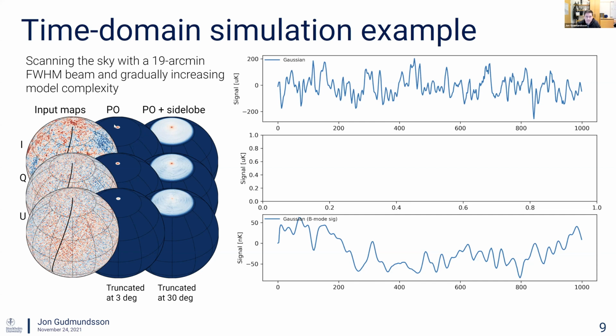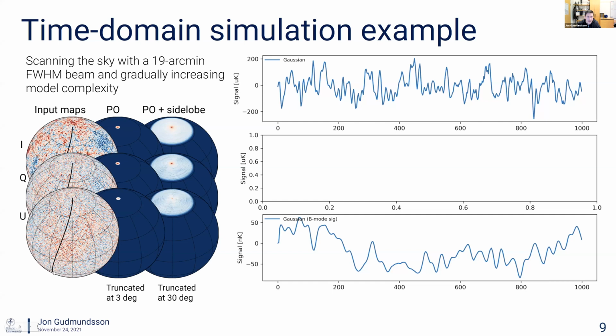So imagine you have a satellite scanning an input map, which is consistent with Lambda CDM. These are Stokes I, Q, and U realizations of the microwave sky. So this is the CMB. In 1,000 samples, this satellite goes from the North Pole down to slightly below the equator.